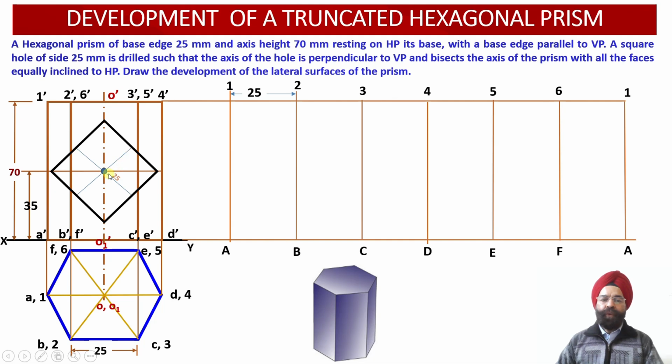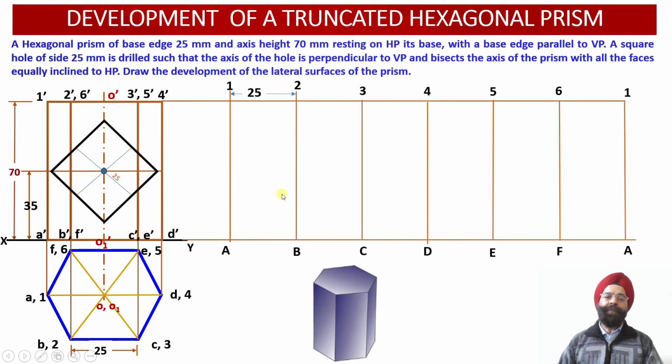So from the midpoint, we have drawn two projector lines at an angle of 45 degree, so that this length is 25 and this length is also 25. Why? Because the edge length of the square hole is 25 millimeter over here.